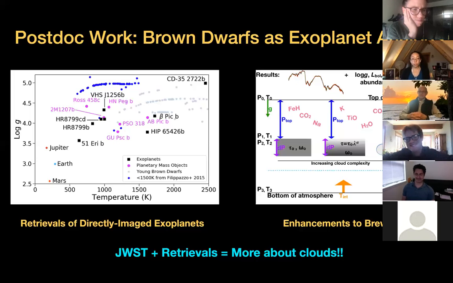So for brown dwarfs, the retrievals have really been done on cooler objects. We're not really seeing star spots. We're seeing variability from clouds. There are people trying to move into the late M dwarf regime, but that hasn't been tested yet.